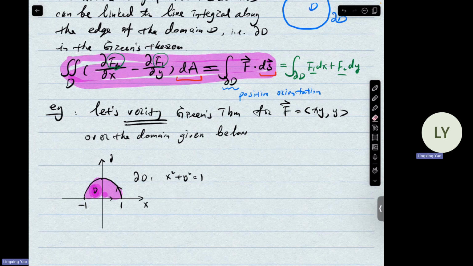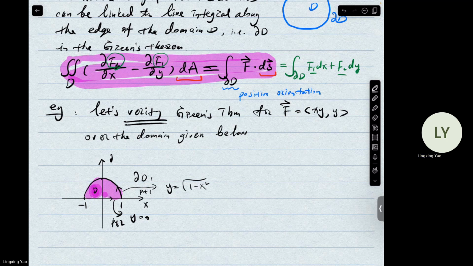Part one is this one, and part two has the equation to determine the bottom or base of this domain, which is y equals 0.